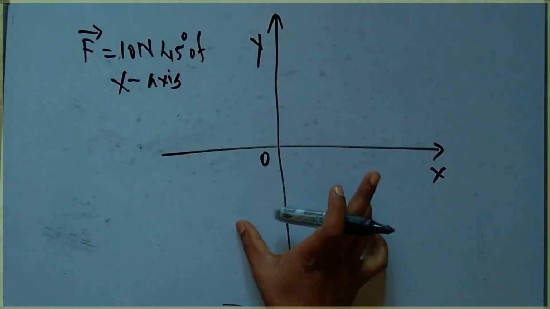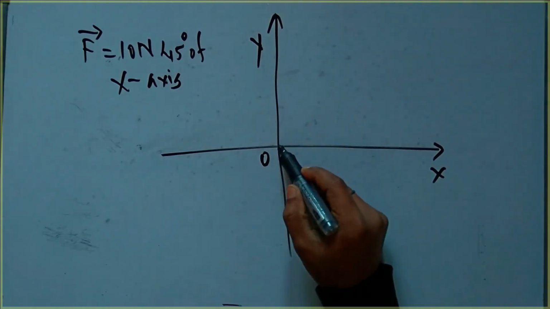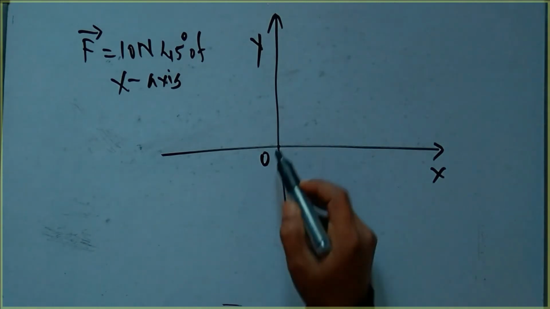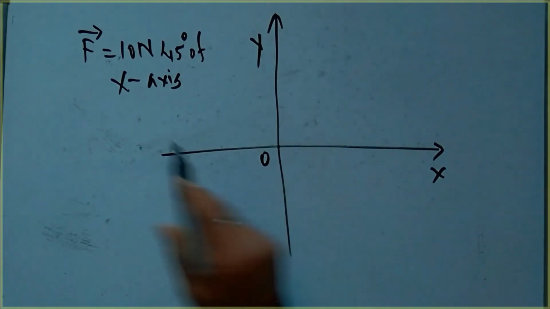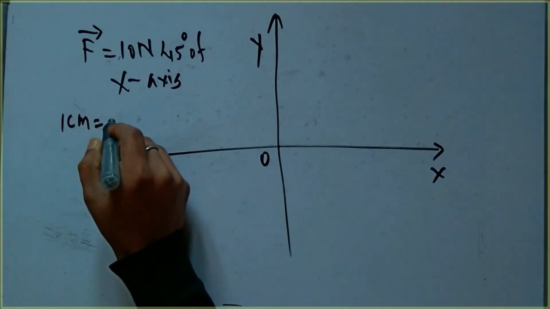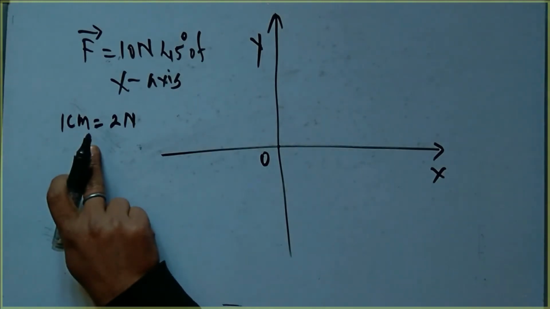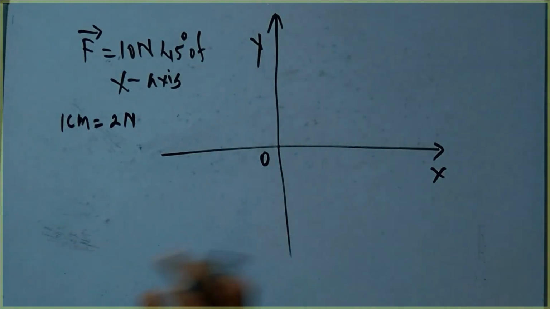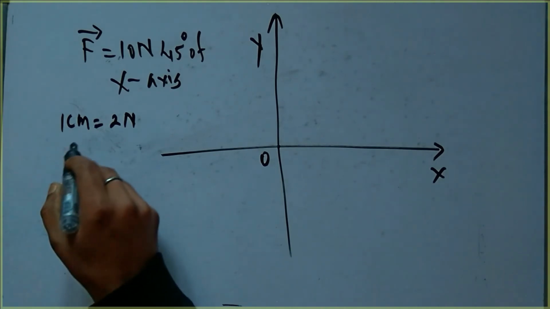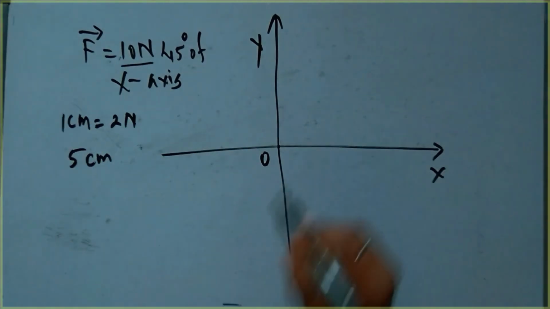So this is our two-dimensional plane. We'll keep the tail of the vector at origin. This is our tail of the vector. Here we have defined 1 centimeter is equal to 2 Newton, which is the scaling or proportionality for the length of the line segment. So we need 5 centimeter for 10 Newton.